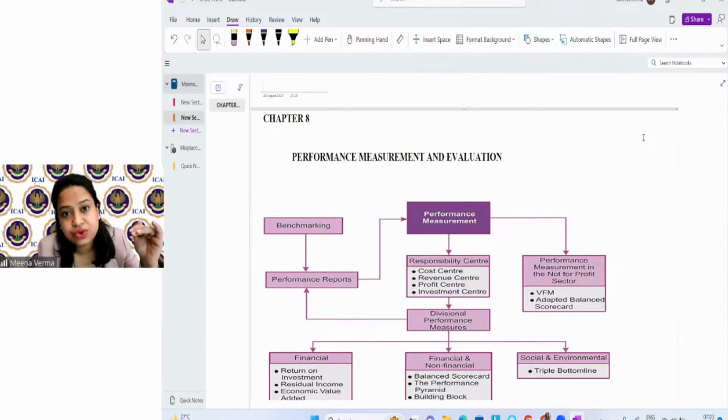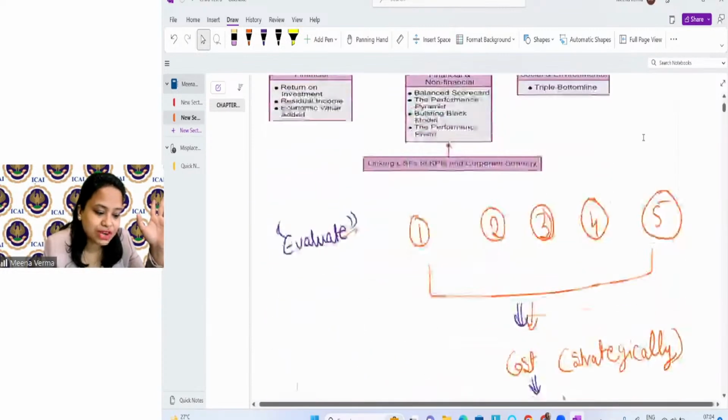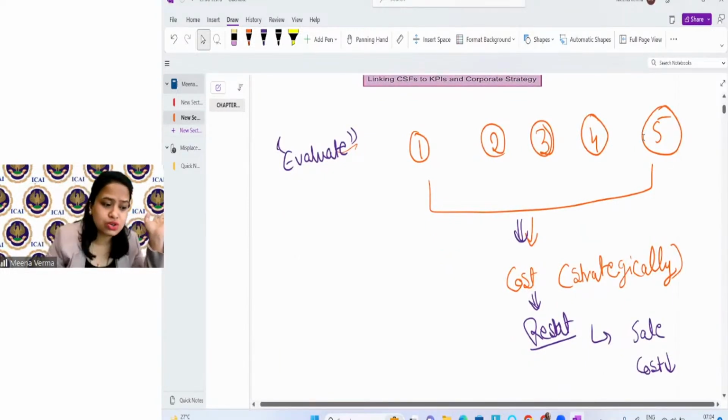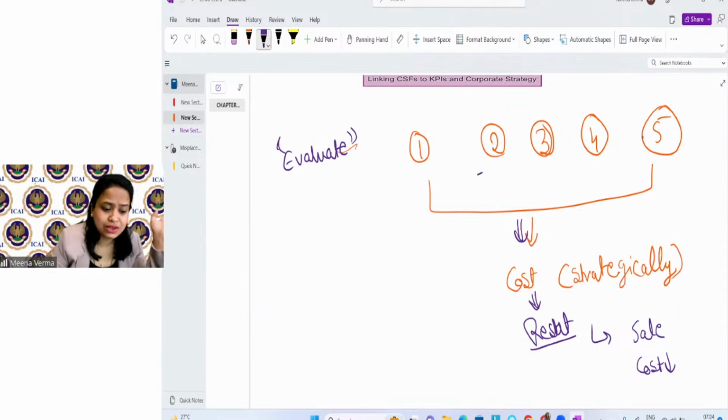Because we are not just focusing on achieving the financial goal. If you see from the 1st to the 5th chapter, we are not just focusing on achieving financial goals. We will see our non-financial goals also. For example, if you remember in chapter 2, we learned that we want to improve customer satisfaction.